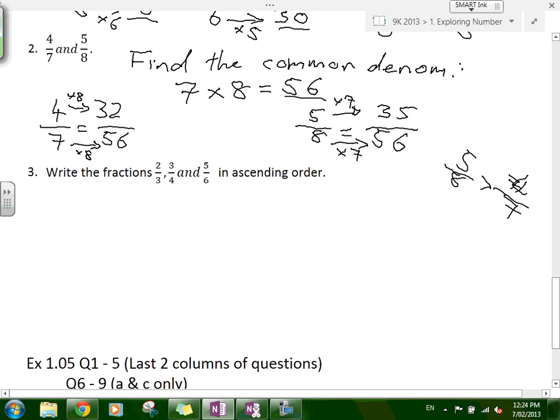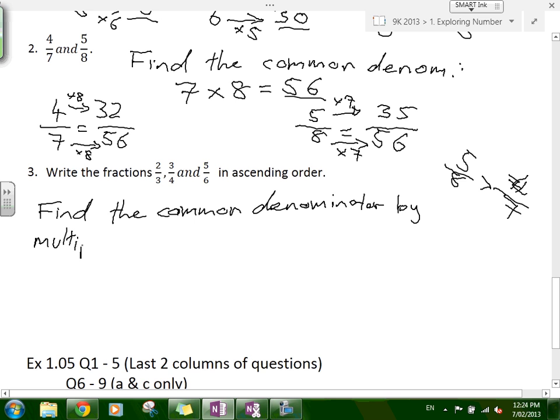So the final one is, instead of having just 2, we can also expand this method to have 3 fractions together. So if we have 3 fractions, then we find the common denominator by multiplying all the denominators together.